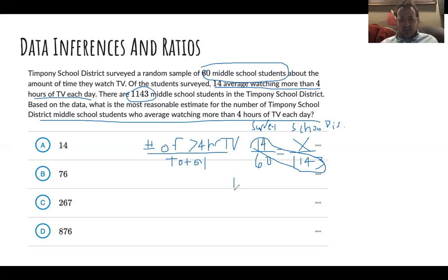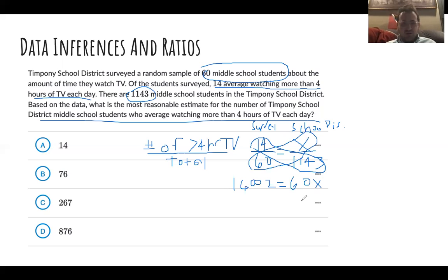I'm going to get 16,002. And I'm going to set that equal to 60x. And I could do 16,002 divided by 60 to get me 266.7.